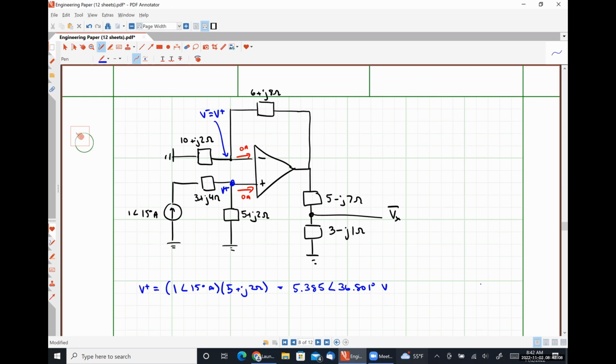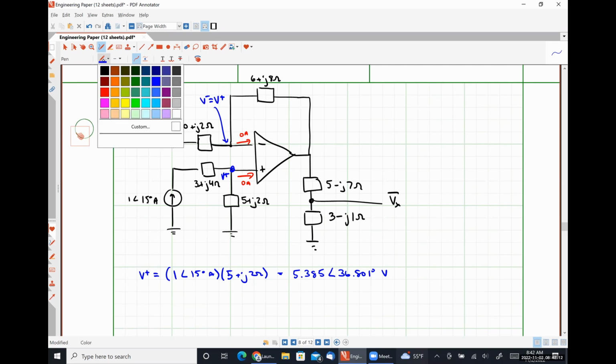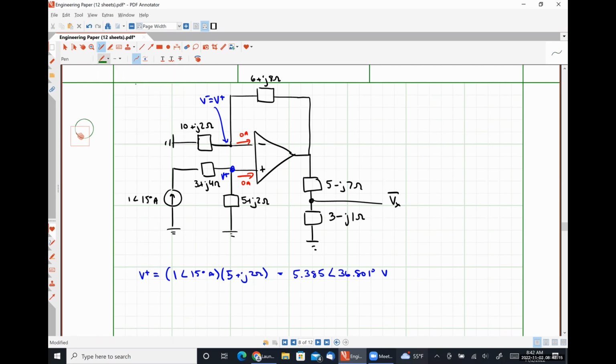So we can write a Kirchhoff's current law expression. So that's going to look like, let me label something over here, this node has a nodal voltage of V out with respect to ground.